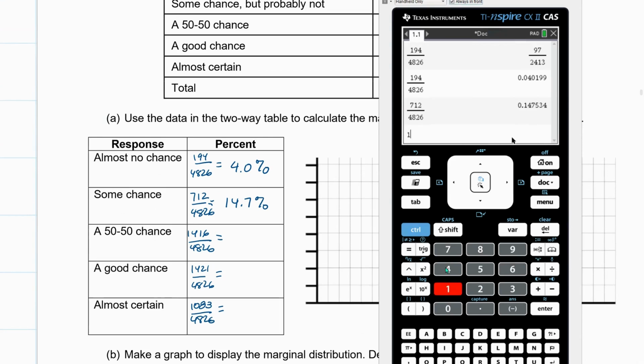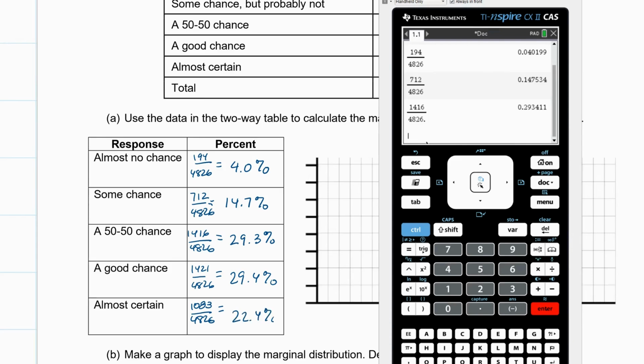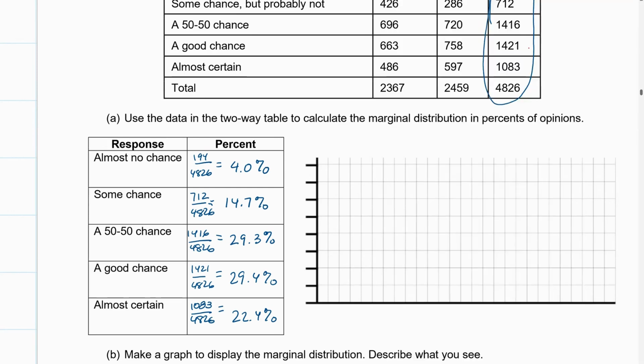Now, if I do 1,416 divided by 4,826, and if I just put a decimal point at the end of that number, it will also give me the decimal version of that calculation, 29.3%. And I think you understand how to use the calculator from here. So I'll just write down the other two values. 22.4% is the last of those five numbers in the marginal distribution.